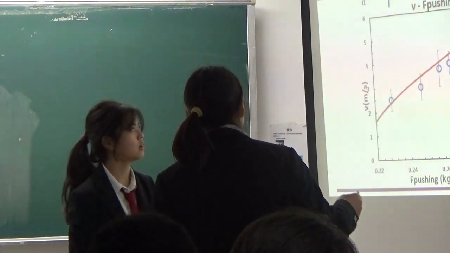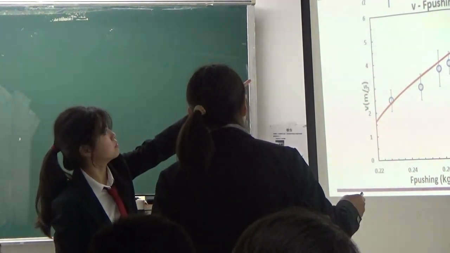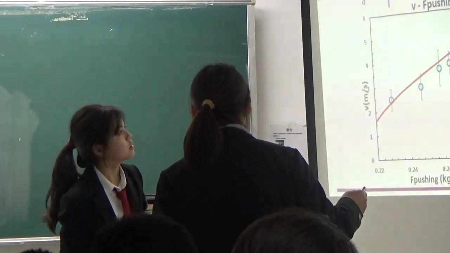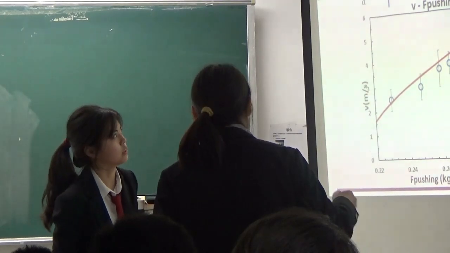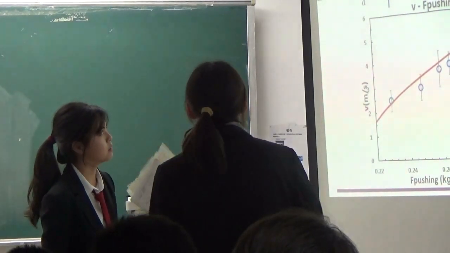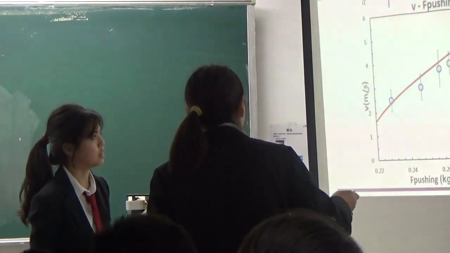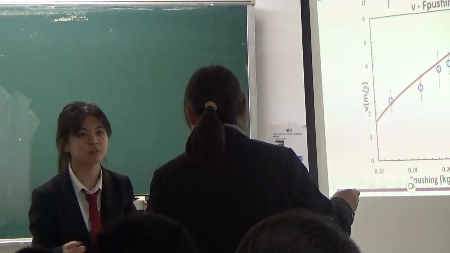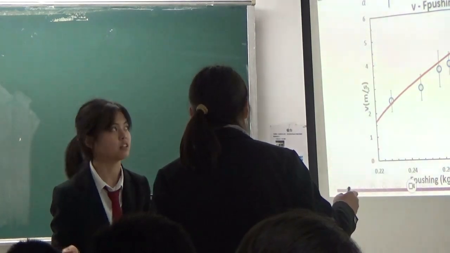Which kind of data did you put into the formula? This one or this one? You say you put your experiment data into the formula to get the points here. Yes, when we put the potential energy inside the formula.